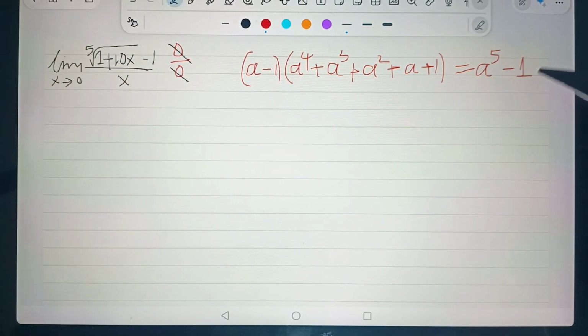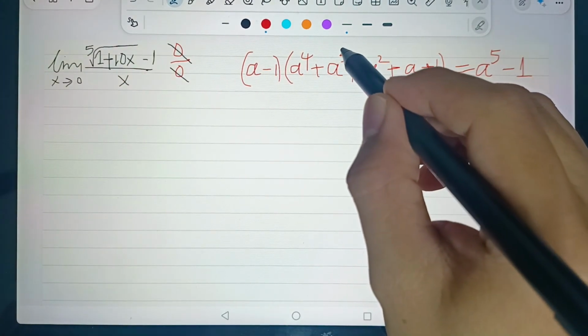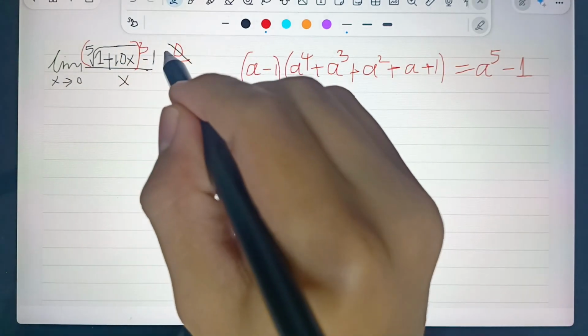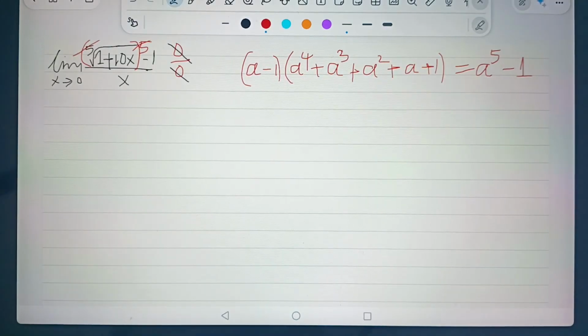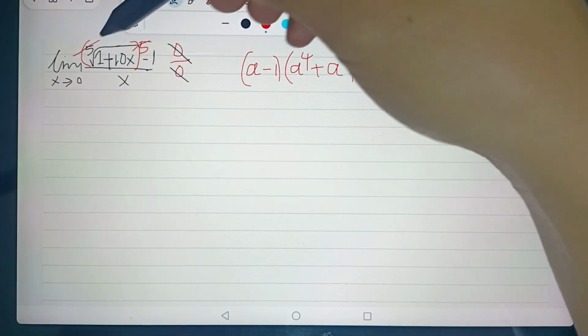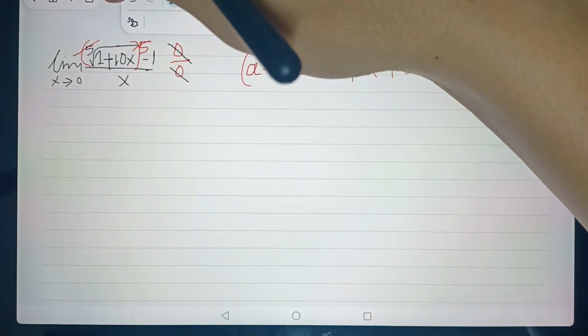Why do we need this formula? Because if we apply it, this thing will become power 5, which cancels the fifth root, leaving the expression under it, which makes this type of limit easier to deal with.